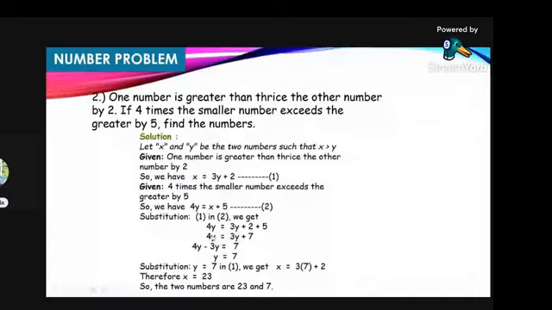So y is equal to 7 and x is equal to 23.